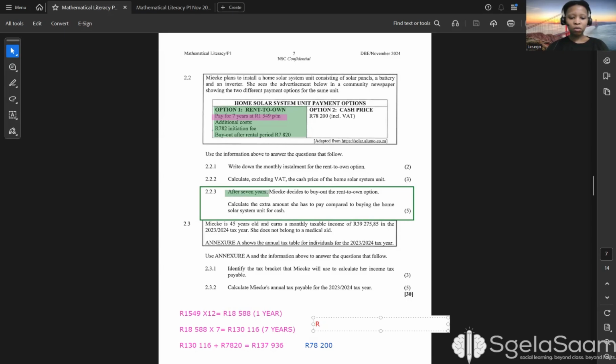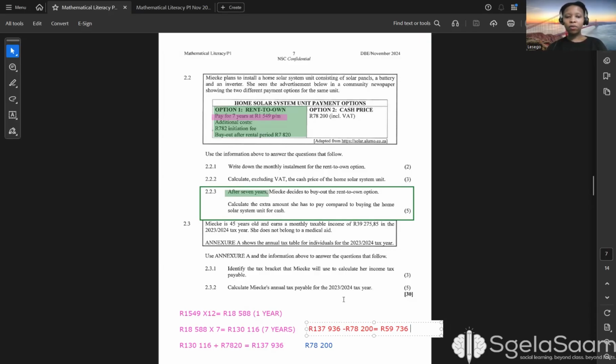So that is 137,936 minus 78,200. She paid 59,736 Rand more, compared to if she had bought it for cash.